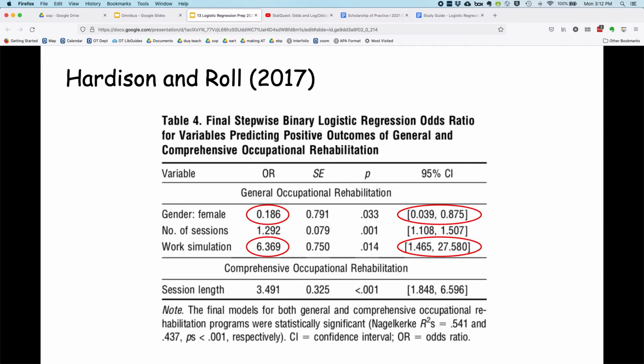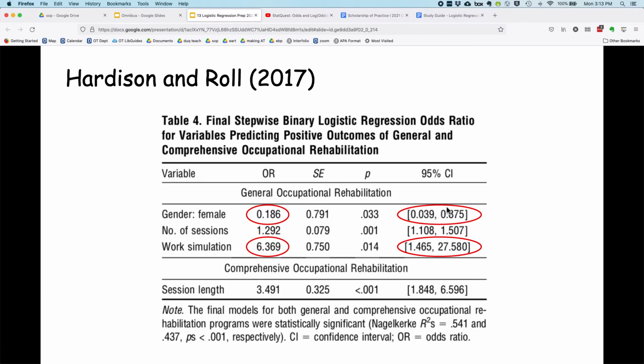Here's an example of a study from AJOT that used odds ratios. In this case, they were looking at general occupational rehabilitation and the odds of a positive outcome. And here they found that for their female clients, they were 0.186 times as likely to have a positive outcome as the male clients.